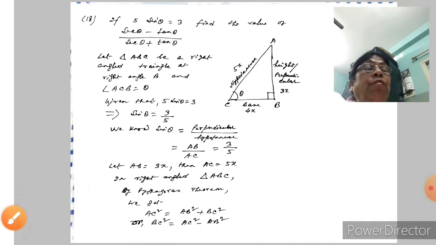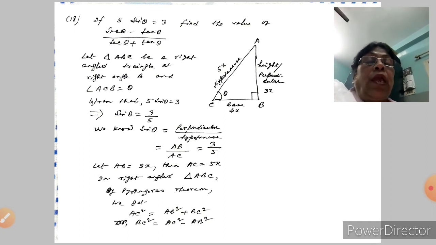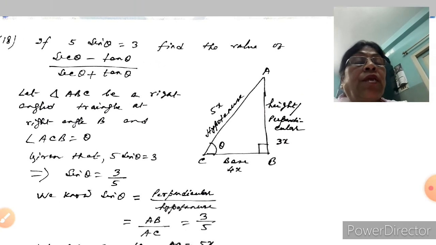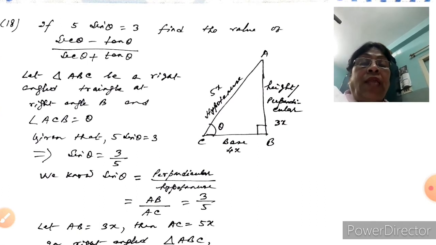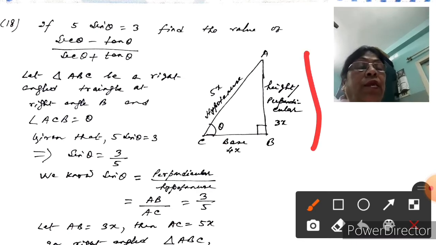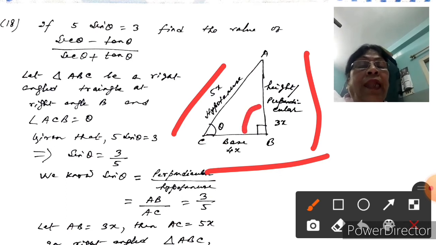Now, come to question number 18. If 5 sin theta is equal to 3, find the value of sec theta minus tan theta by sec theta plus tan theta. Let triangle ABC be a right angle triangle, right angled at B, and angle ACB is theta.